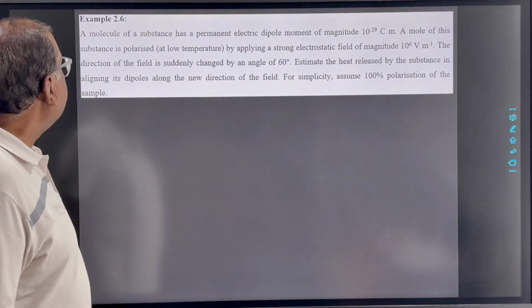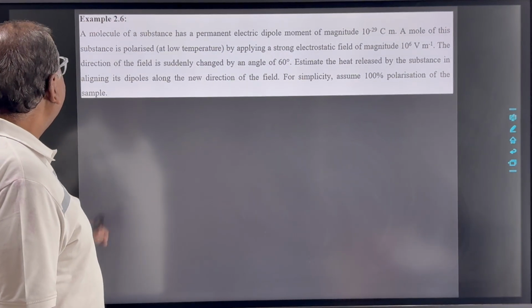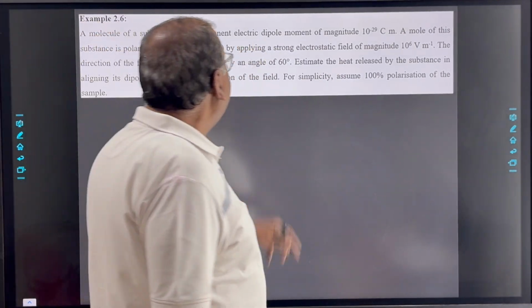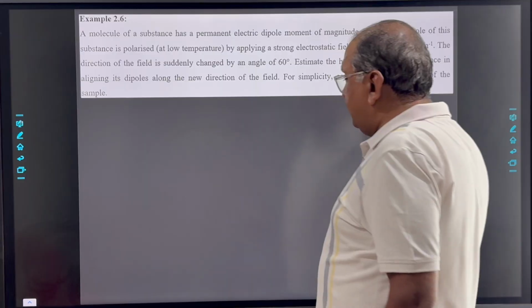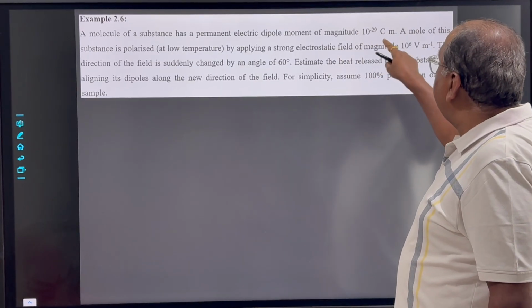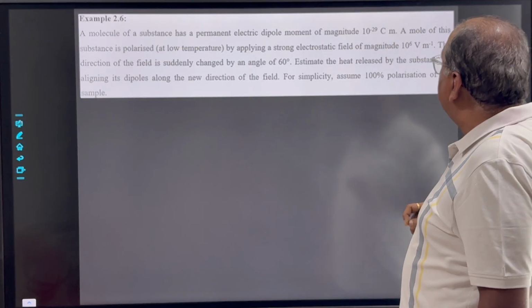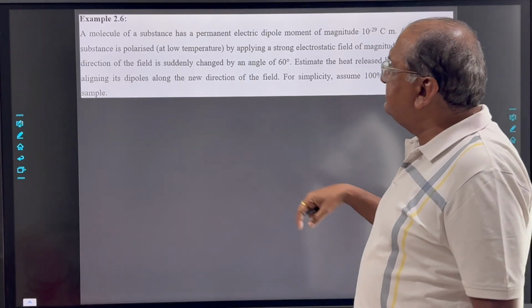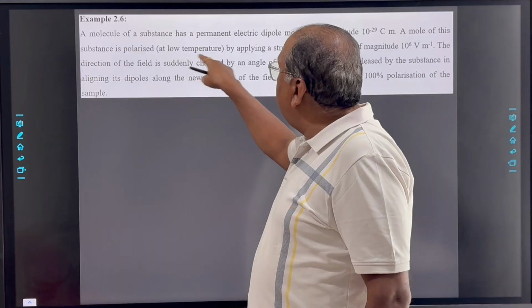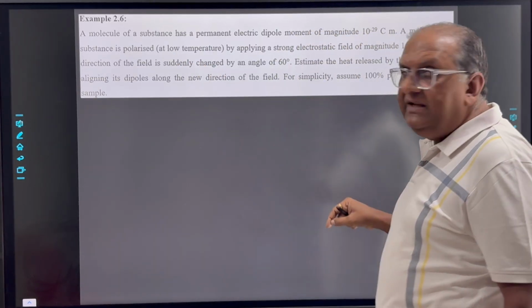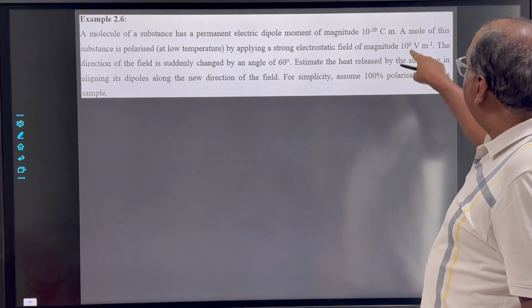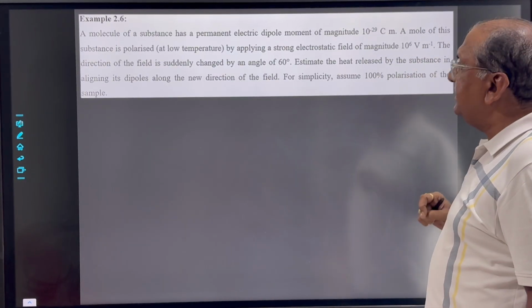Now next, example 2.6. A molecule of a substance has a permanent electric dipole moment of magnitude 10 into 10 raised to minus 29 coulomb meter. A mole of this substance is polarized at low temperature by applying a strong electrostatic field of magnitude 10 raised to 6 volt per meter.